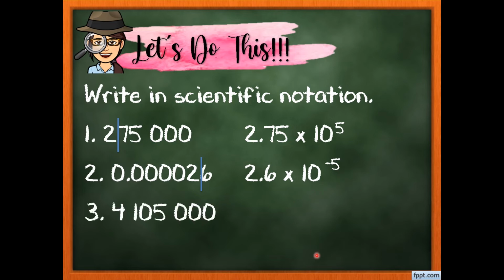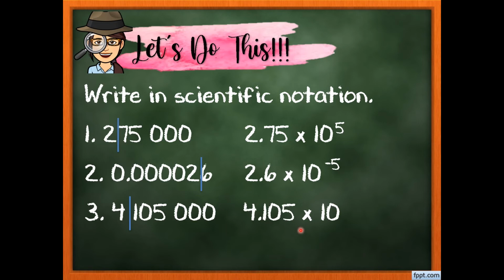Next number, 4,105,000. So we need to move the decimal place. And again, this will be a big number. So 1, 2, 3, 4, 5, 6. So your marker is between 4 and 1. So nandun yung ating decimal point. So let us copy all the significant digits. Ito yun, yung 4, 1, 0, 5.